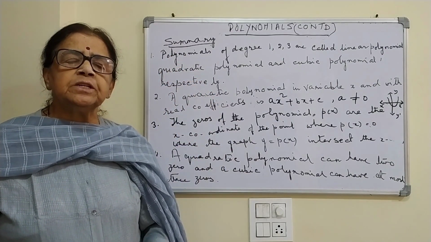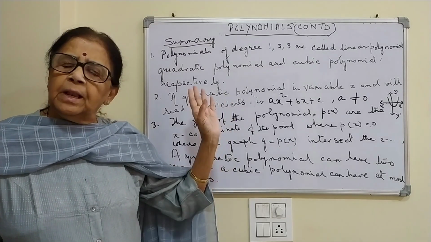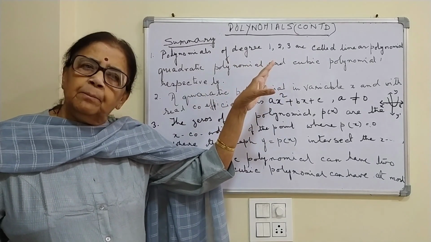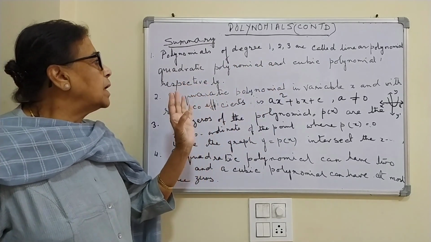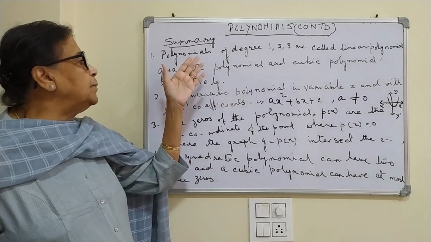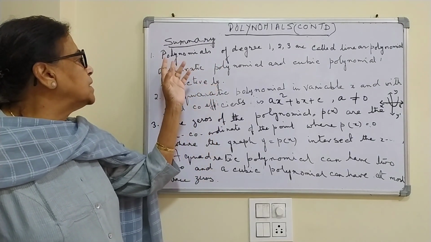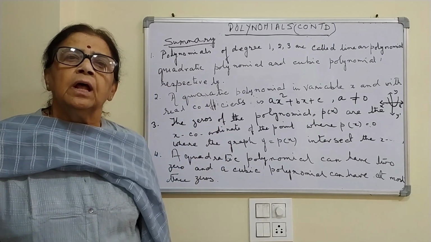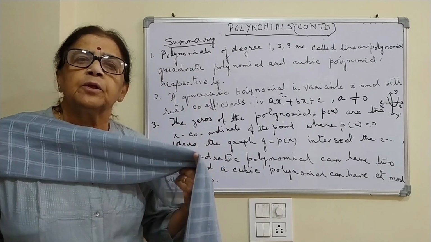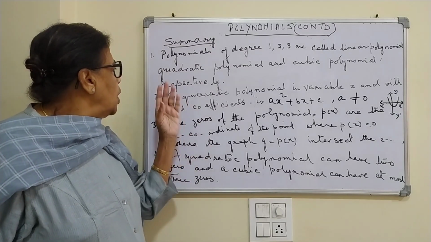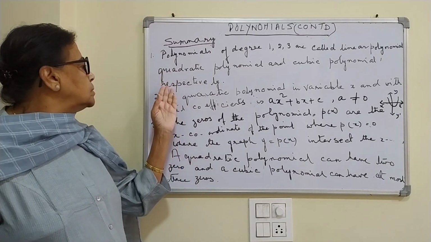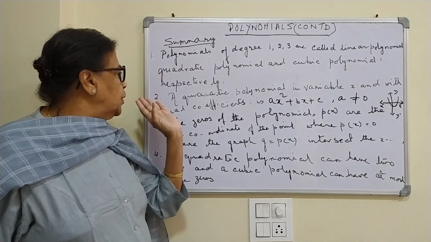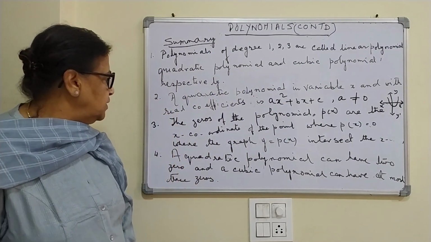Polynomial is an expression with a variable x and with real numbers a, b, c. The polynomials of degree 1, 2, 3 are called linear polynomial, quadratic polynomial, or cubical polynomial respectively.